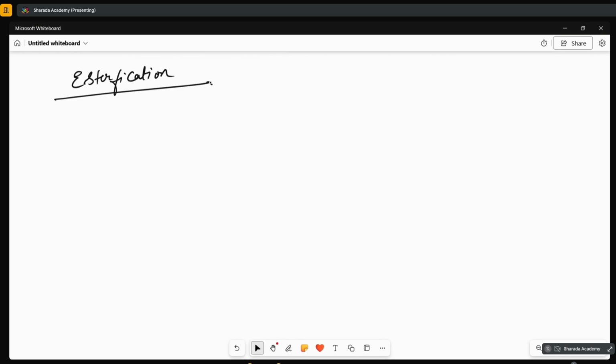Okay, listen here. Esterification reaction. That means ethanol when it reacts with ethanoic acid, you will get an ester. So this we call esterification reaction. And ester is used in perfumes because of its sweet smell, and in many places we use that compound.